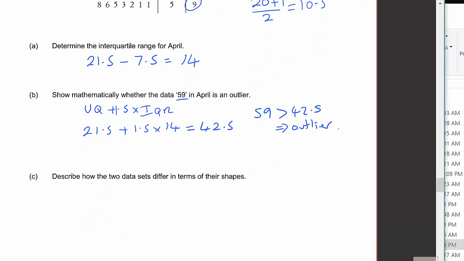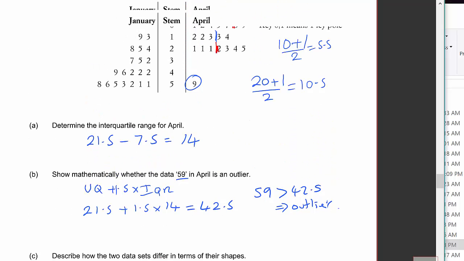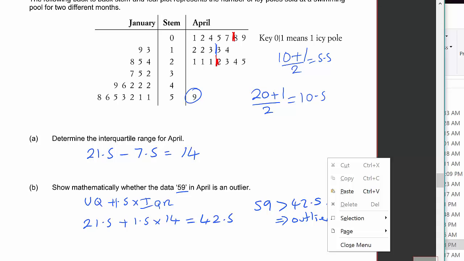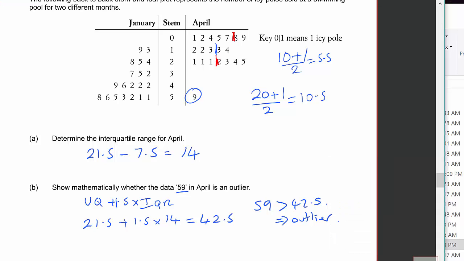We now want to describe how the two datasets differ in terms of their shapes. Well, if we look at April, most of the data is at the bottom end and then there's just the outlier over here. Whereas here most of the data is at the top end and then it goes this way.